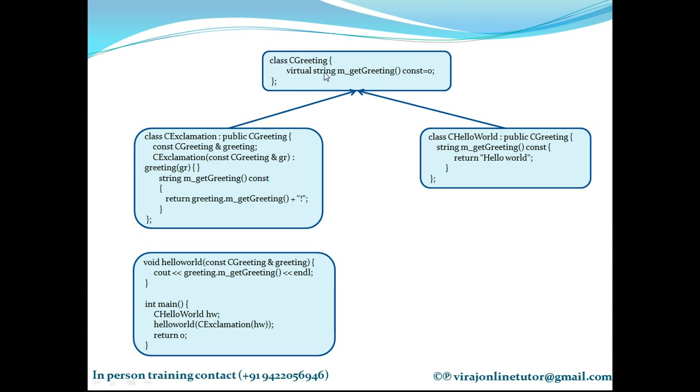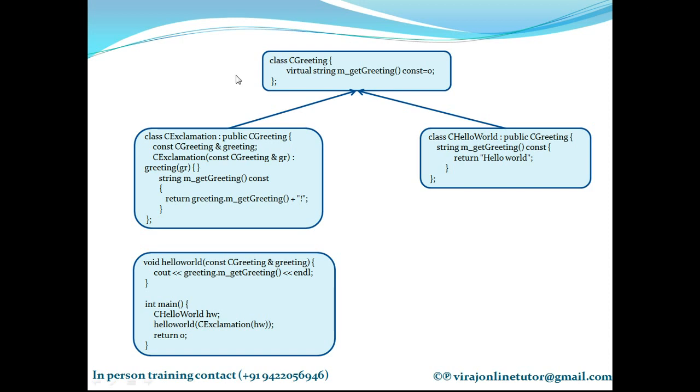So I have a class called cGreeting which has a function called getGreeting. In this hello world class which I am inheriting from cGreeting, getGreeting will return a string called hello world. Now cExclamation is nothing but a decorator.